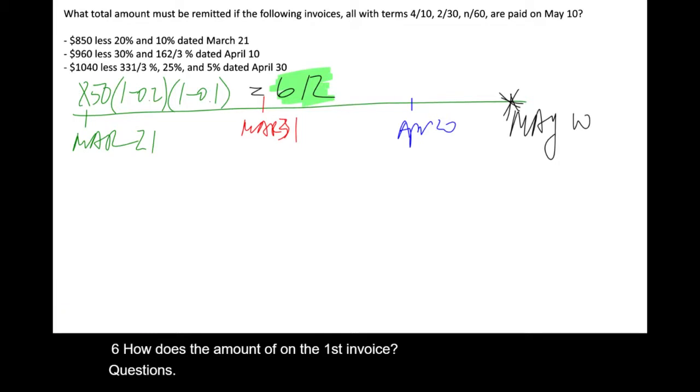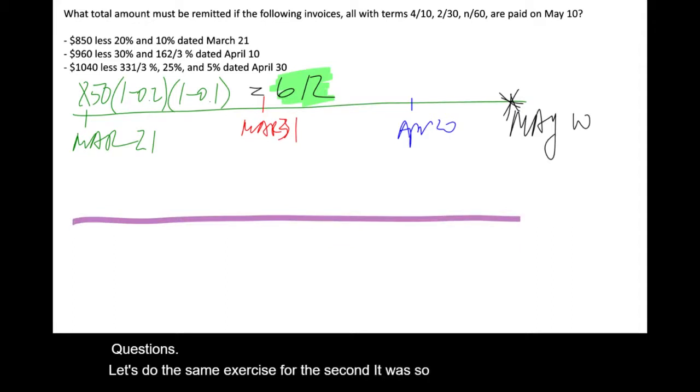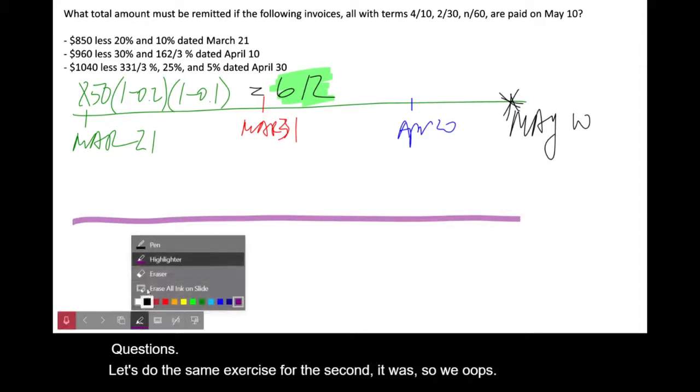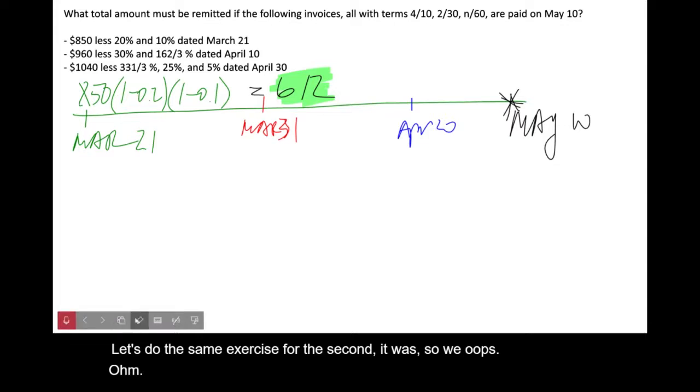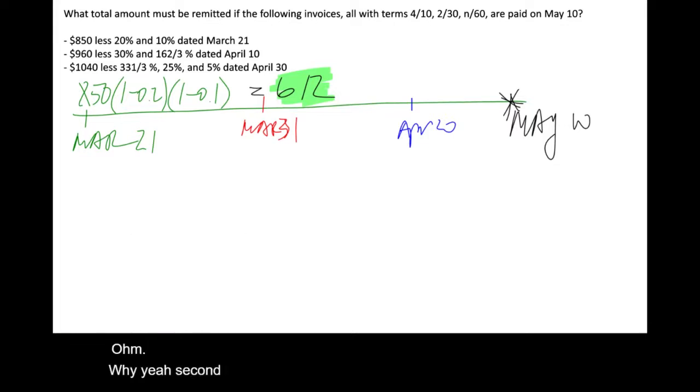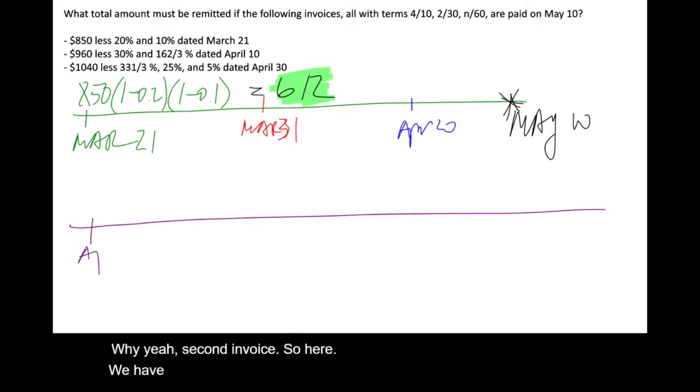Now let's do same exercise for the second invoice. Second invoice. So here we have April 10, right?